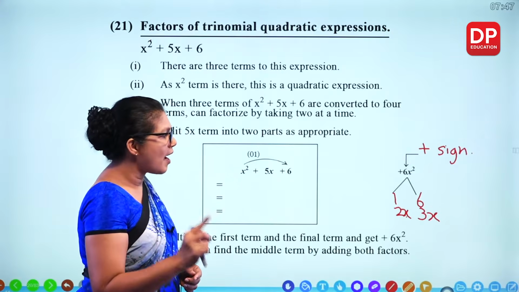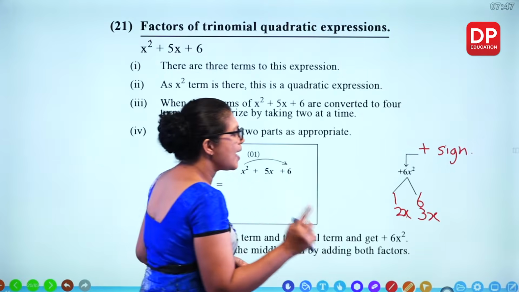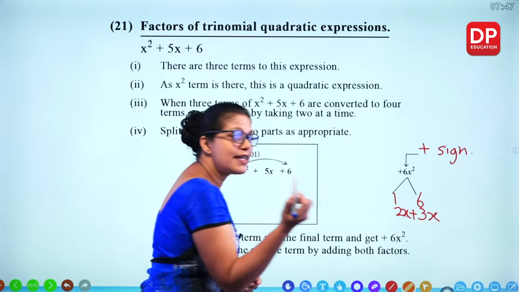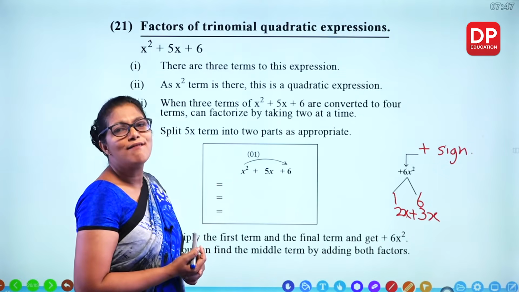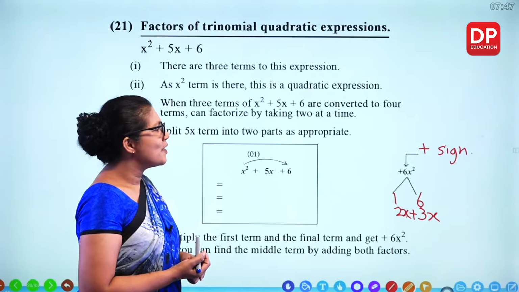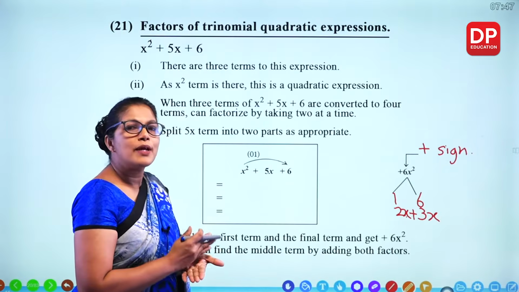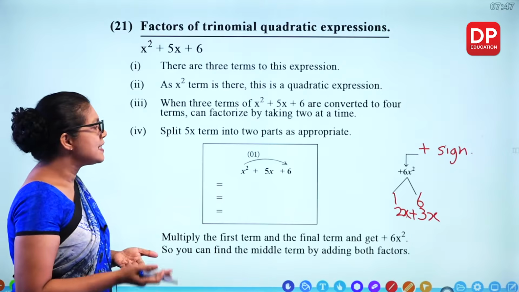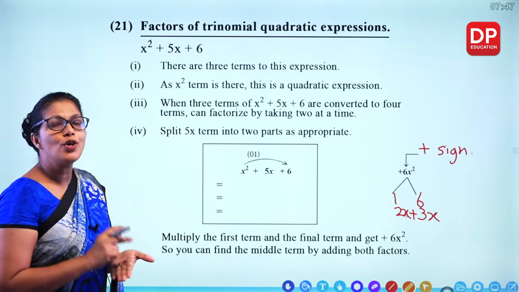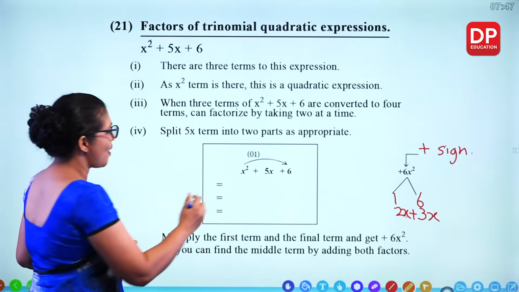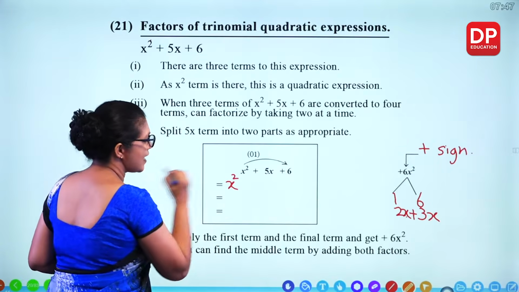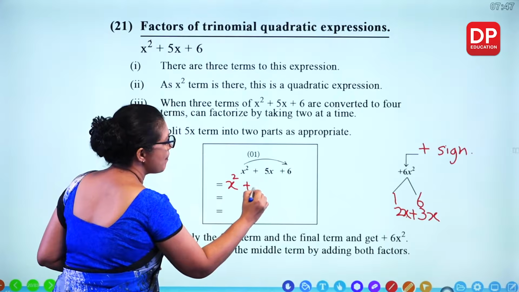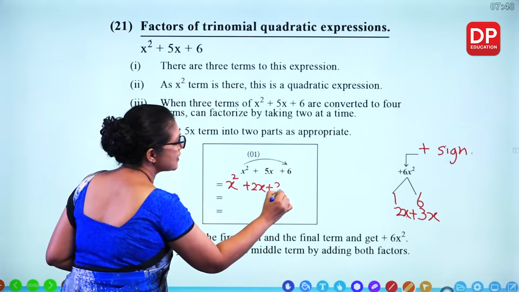So 6x squared means 2x times 3x. Then when you add the factors 2x and 3x, you are getting 5x. So what we do, when you get quadratic trinomial expressions, you are splitting the middle term into 2 parts. So I can rewrite this as x squared, instead of 5x, I can write plus 2x and 3x.